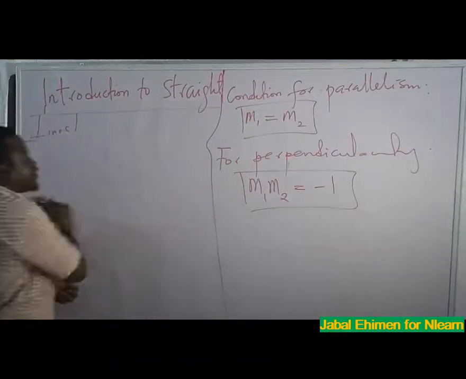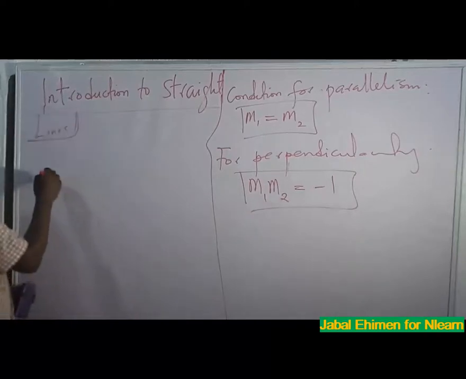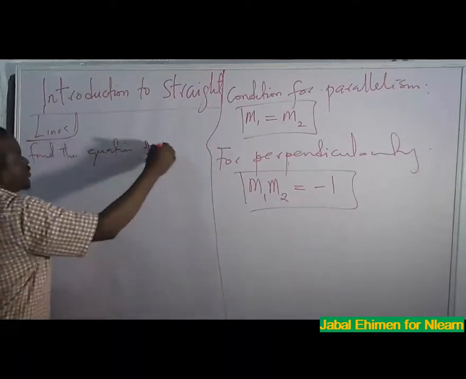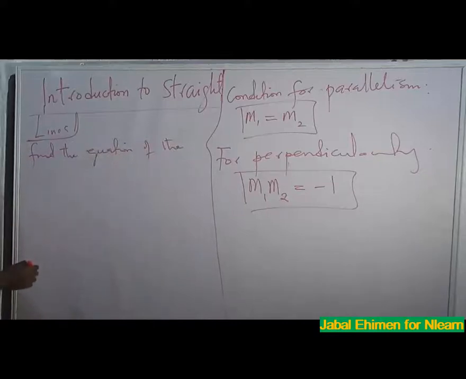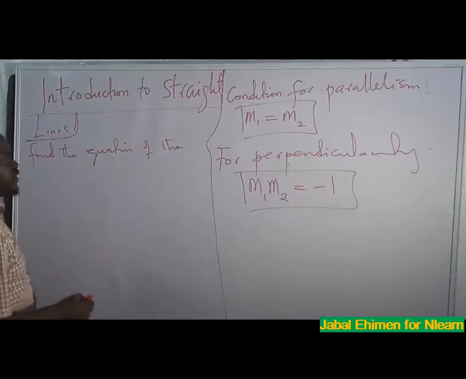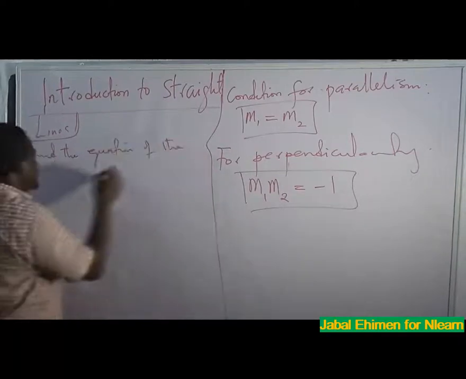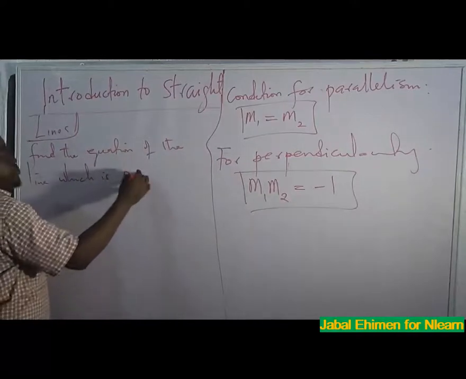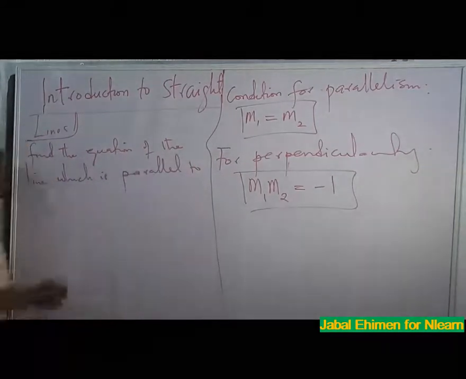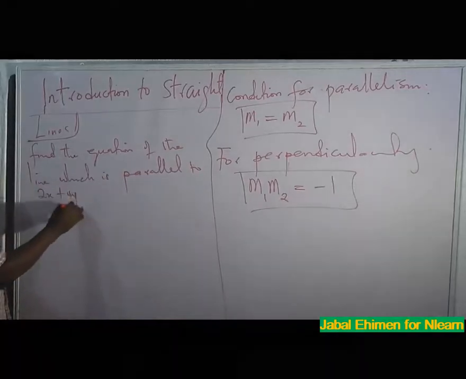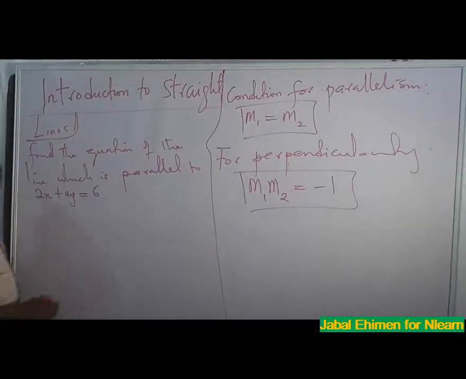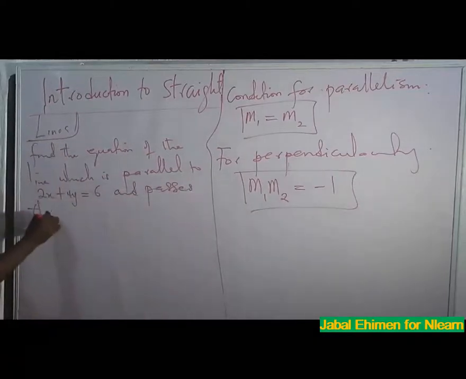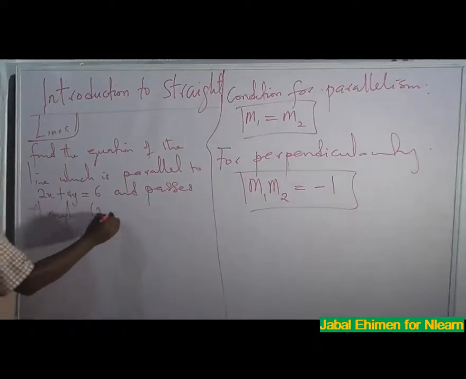Now, when I'm given an equation, for example, maybe I'm asked: find the equation of the line which is parallel to 2x plus 4y equals 6 and passes through (2, 1).